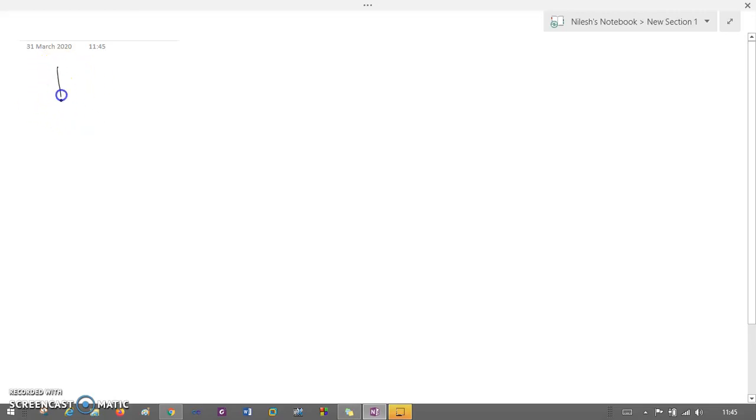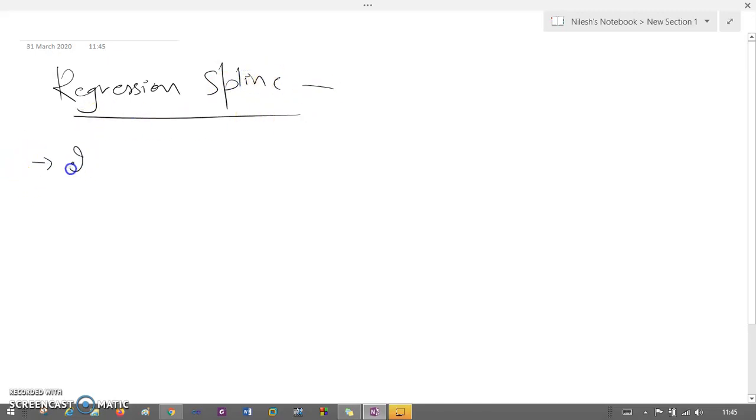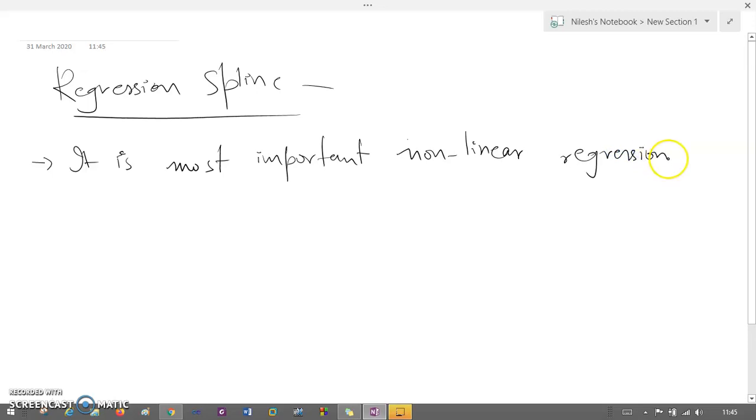So if the topic is regression spline, then I can say that it is the most important non-linear regression technique. I'm sorry, I'm a little bit fast over here, but there are some notes we have to write down.